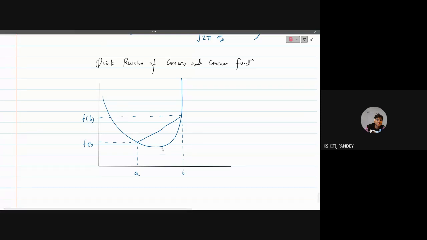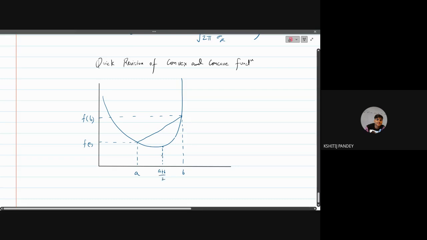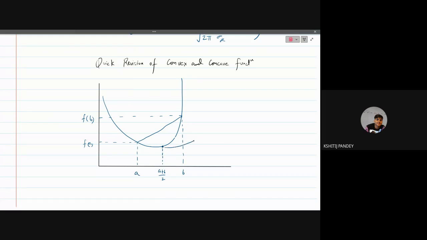So this point right here is (A plus B) by 2, and the y value for this point will be the function's value at (A plus B) by 2.